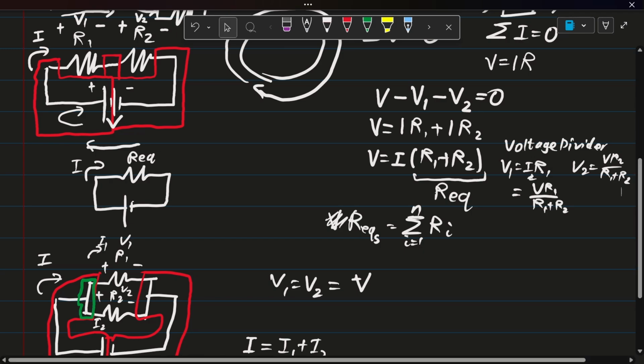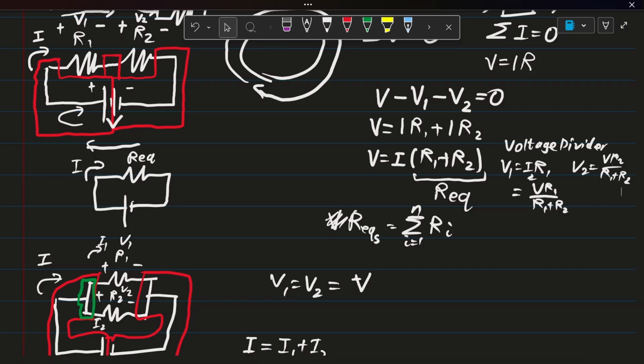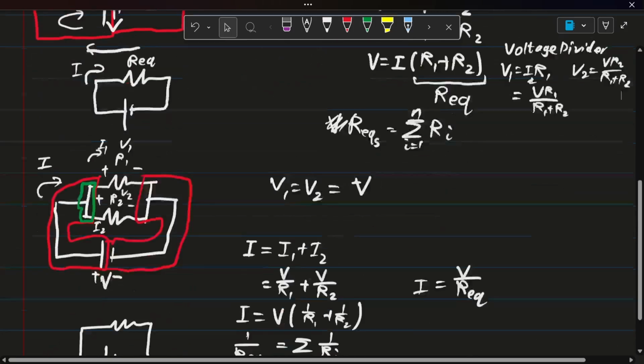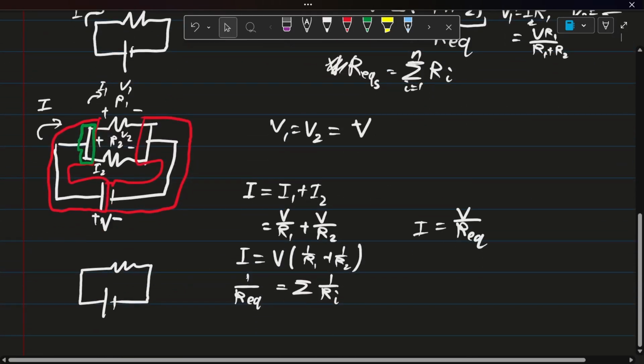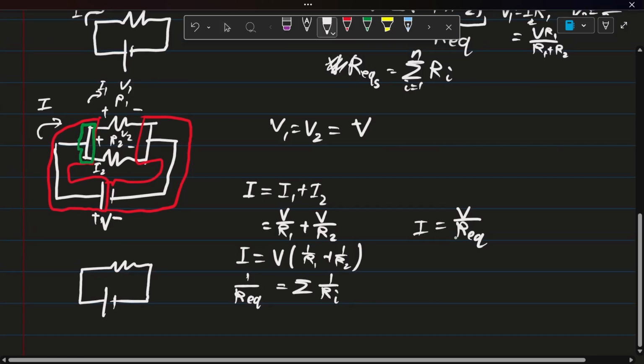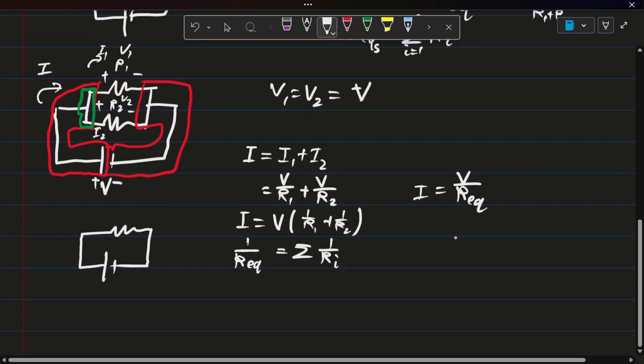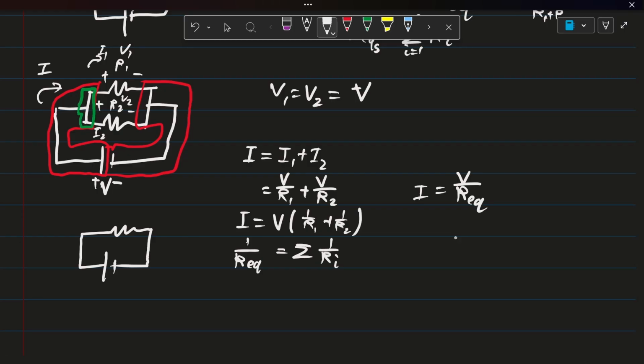So by using this voltage divider, you could split up the heat emitted into multiple different resistors, which could save your circuit. But here, this is sometimes called the current divider, in which you are splitting out your current. And you could also compute the current, but I won't be doing it here.